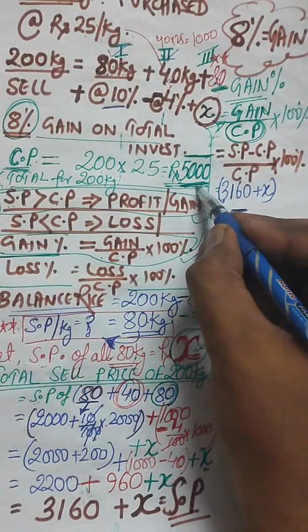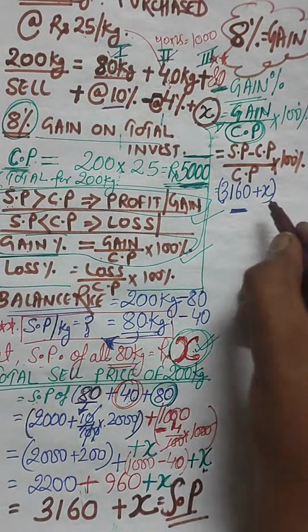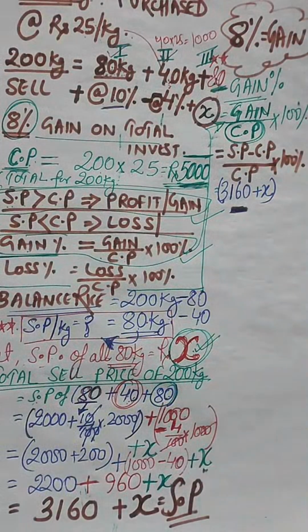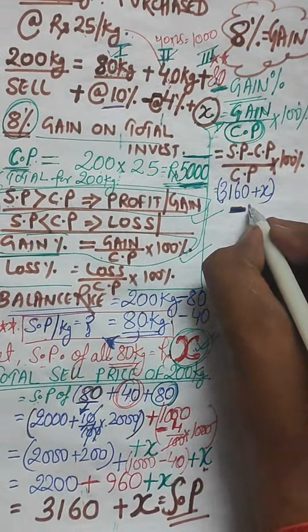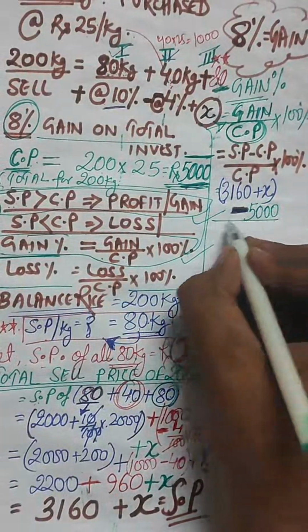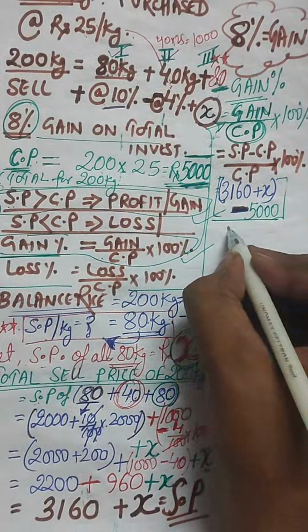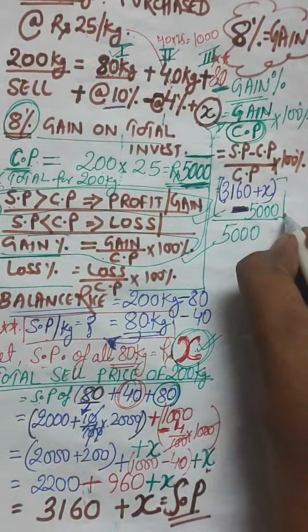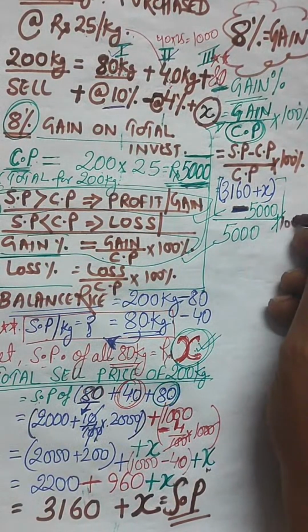Here you can see, this is the cost price. So this will be subtracted with the cost price. Cost price is this 5000. So let me write it: minus 5000, and the entire fraction will be divided by this cost price, right, into 100.